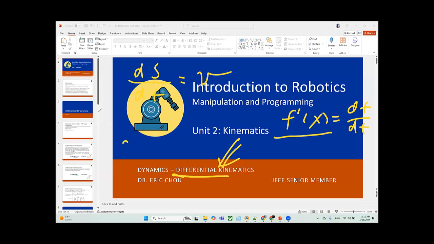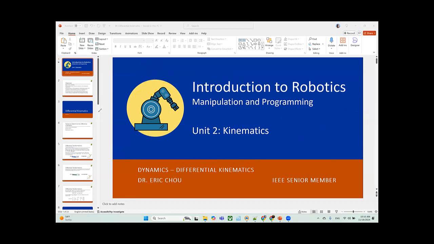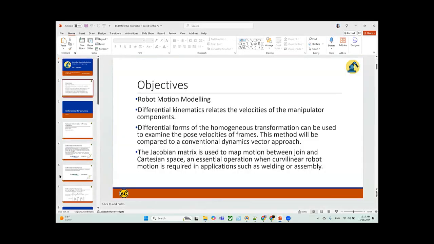And you take the derivative of the velocity, you get the acceleration. So first order differential kinematic describes the velocity. Second order describes the acceleration. That's similar to regular high school physics. So here, differential kinematic is related to the velocity of the manipulator components.